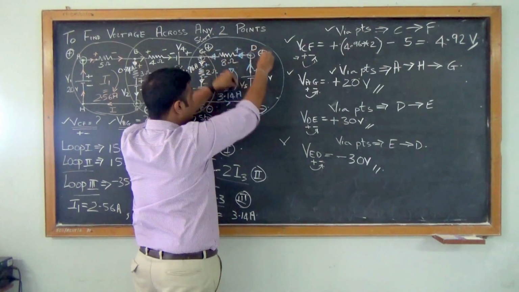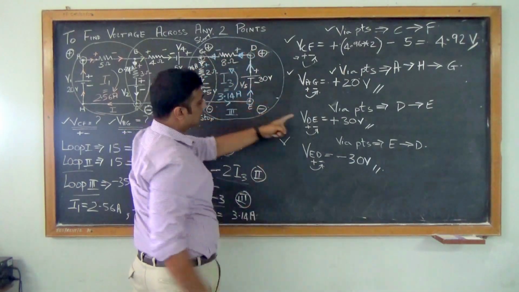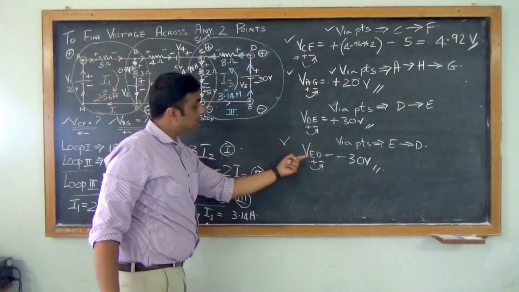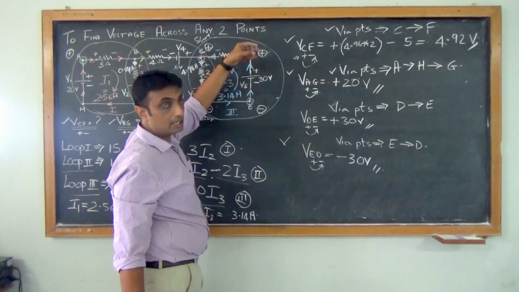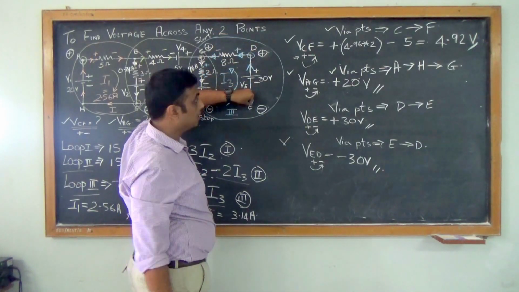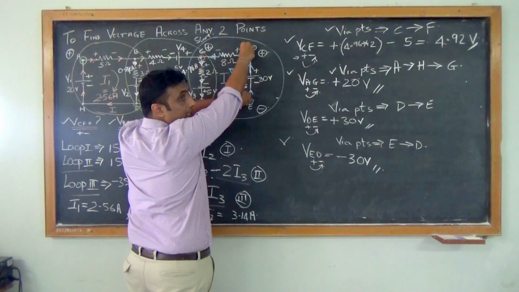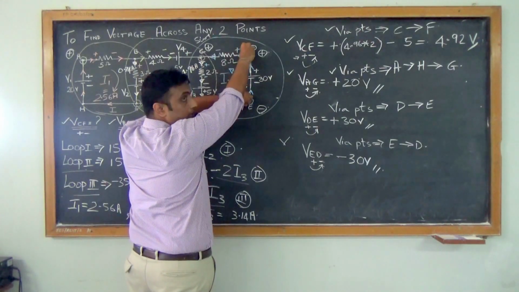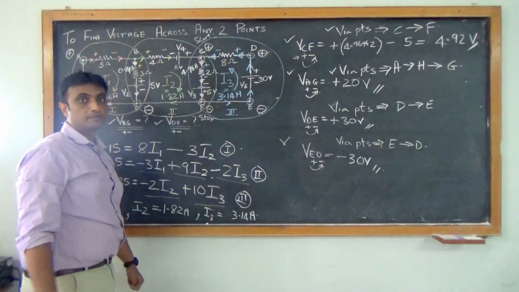So if I interchange my multimeter terminals, I will get minus 30 volts. This is the same thing done here. I interchange the terminals. I want to find the voltage across VED, so the positive of my multimeter is here and the negative is here. But since this is negative in nature, which is near my positive, it will give me minus 30 volts.